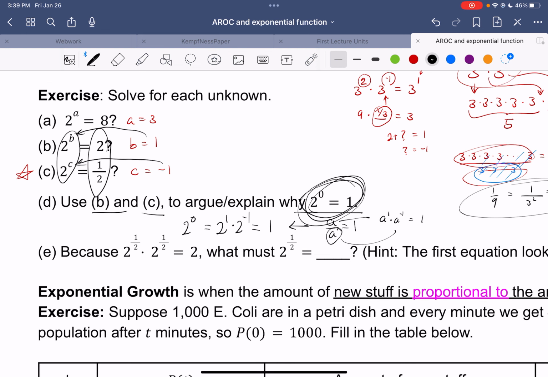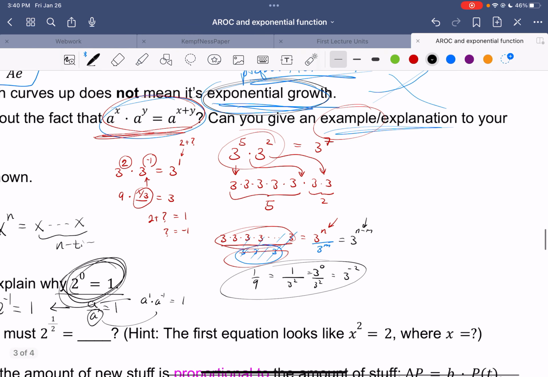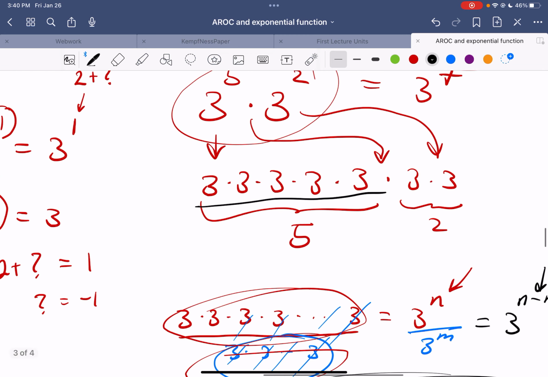Which brings me to another little talking point, which is instead of thinking that x to the n is x multiplied by itself n times, just like how over here I multiplied 3 by itself 5 times, that's great. We can also generalize a little bit more, and I could say, actually, I'm going to put a number 1 in front.